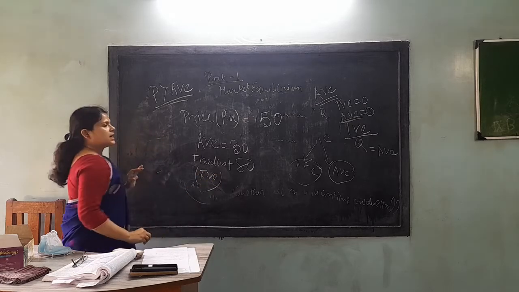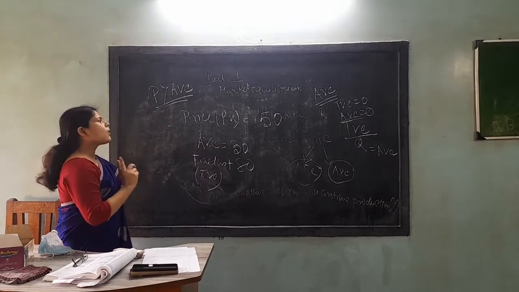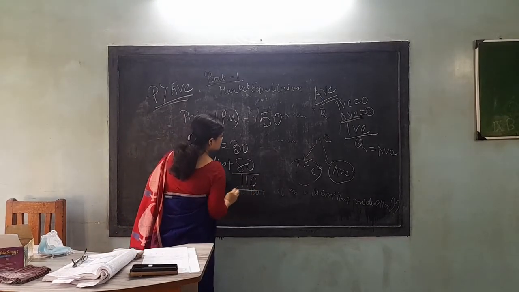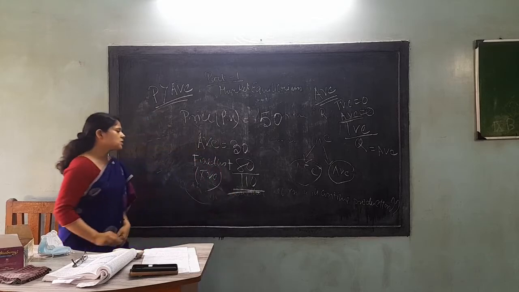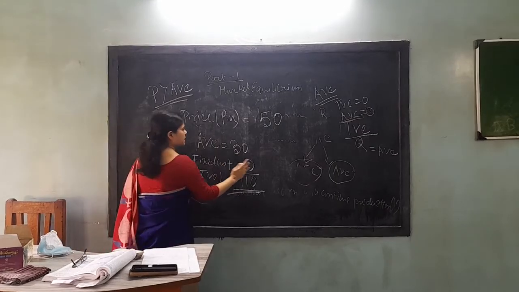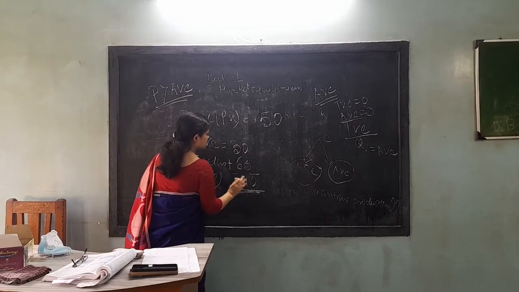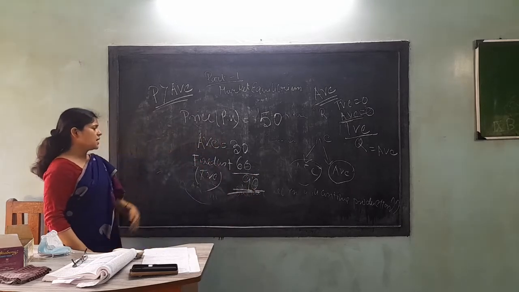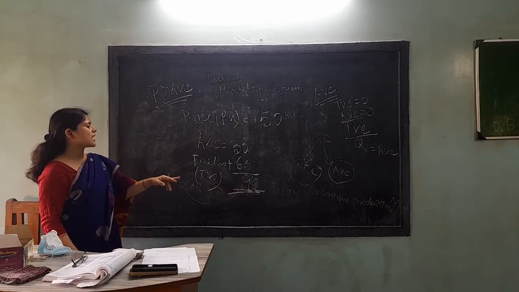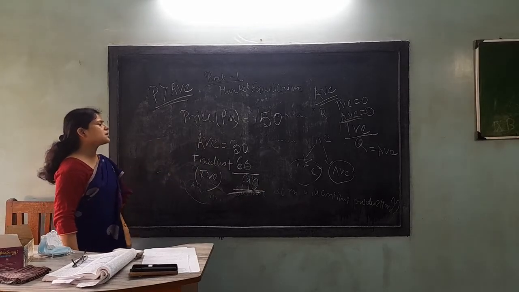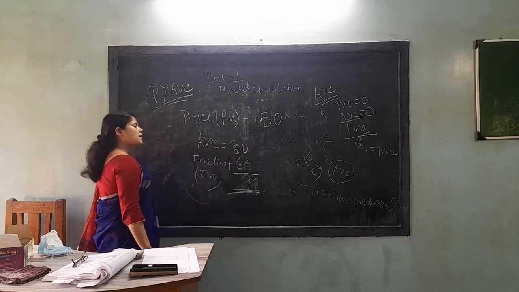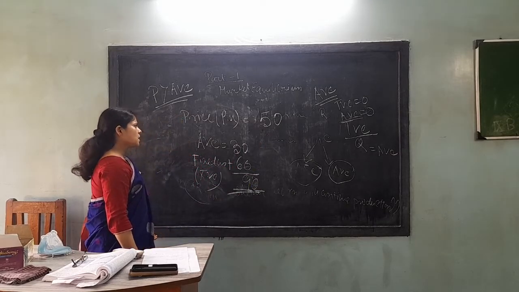TVC is the same for all units. So the total cost I am making 90. Now the firm is earning loss, definitely. My firm's total cost is 90 and the price of the product is 50. So the firm is earning loss. There is no doubt about it.